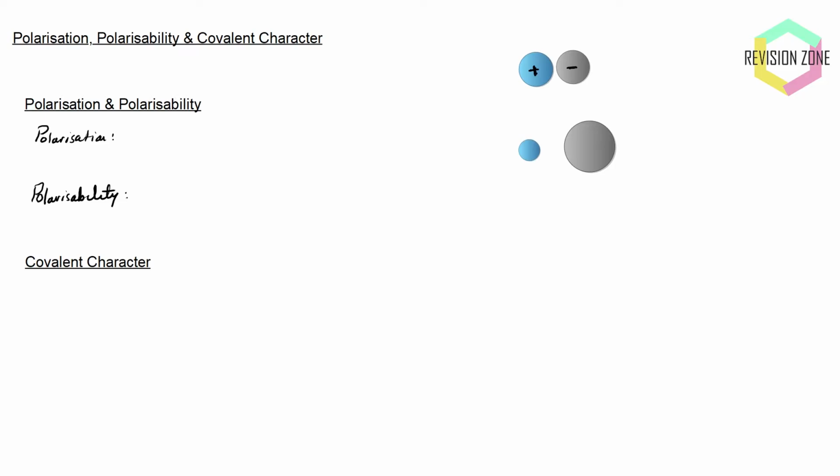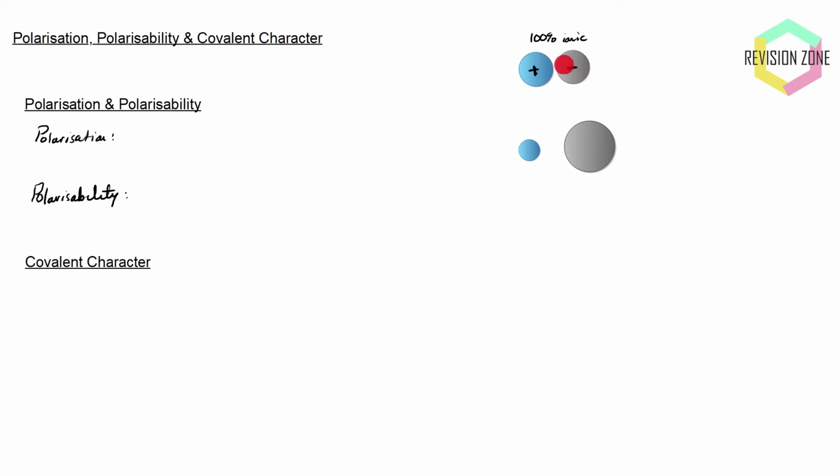Now what I would say here is that this is 100% ionic, and the level of covalent bonding within an ionic bond, or covalent character, is determined by the distortion of the negative ion.